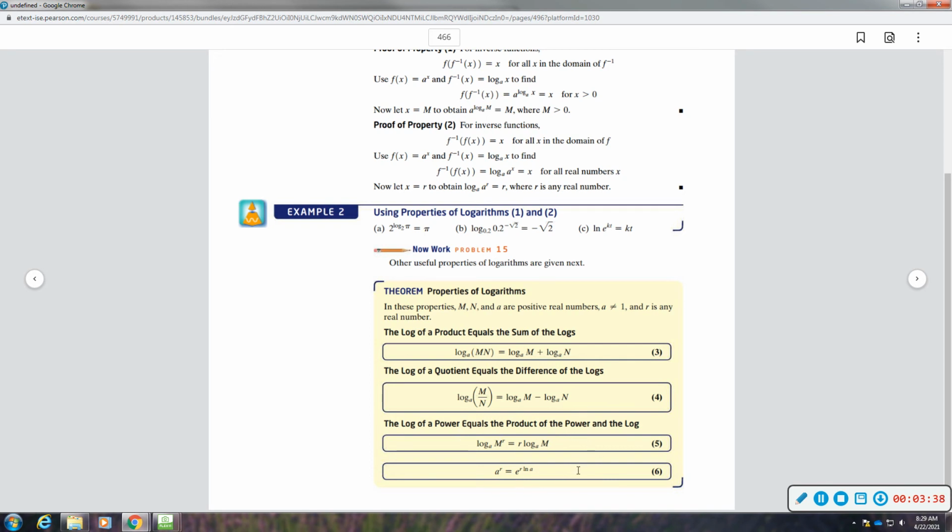And then this right here, we're seeing the same concept. This would be like if you were to take that base and move it over. You would a to the r can be rewritten in this form. That one's a little bit different than some I've seen before. I had to study that one a bit. Natural log of both sides, you can rewrite it.